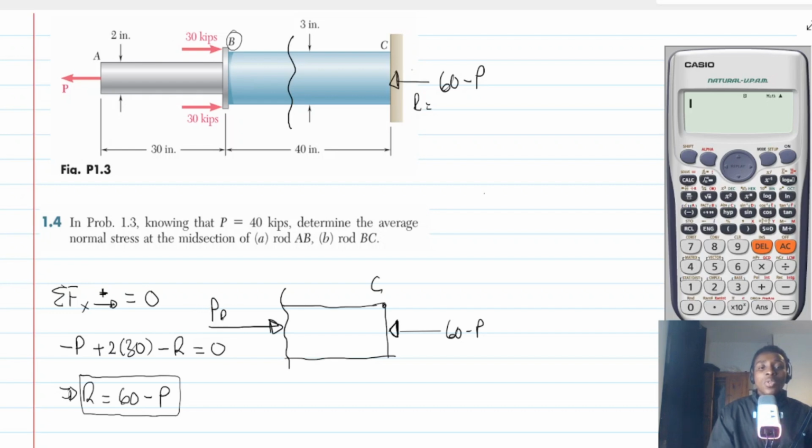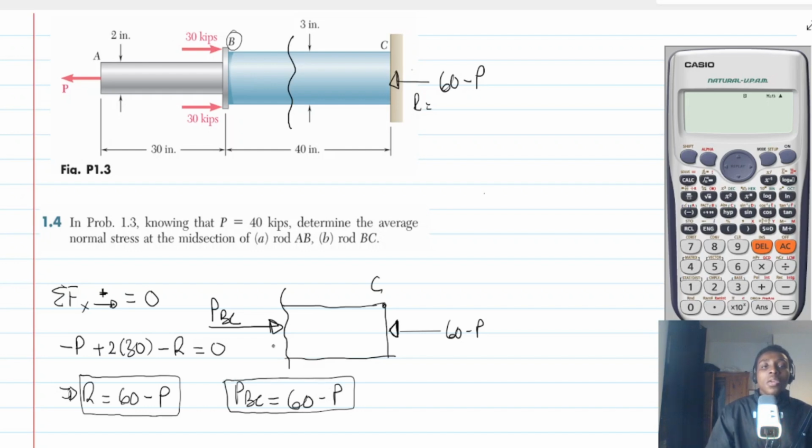So if this is PBC, we can clearly say that PBC must be equal to 60 minus P, because of equilibrium.